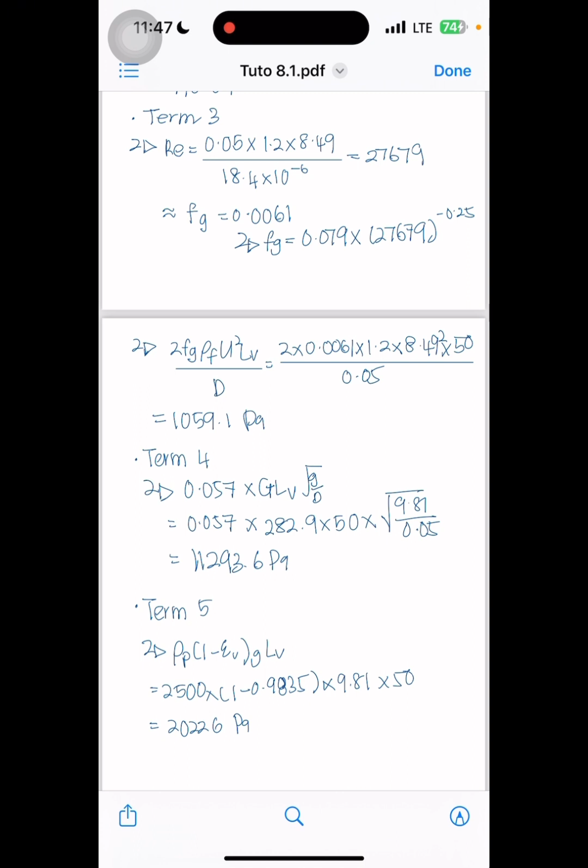Then we can proceed with the third term, which is the gas friction. The gas friction value is 1059.1 Pascal.